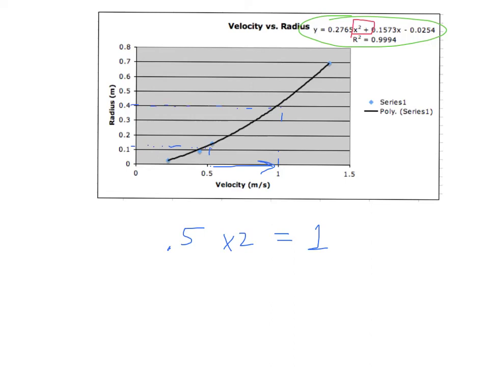So if that's doubled, this is going up 4 times. So as this side moves up 2 times, this side moves up 2 squared, or 4 times. You can see I go from about 0.1 to about 0.4. That's about 4 times bigger. So same thing, we're moving up as the square on this graph.